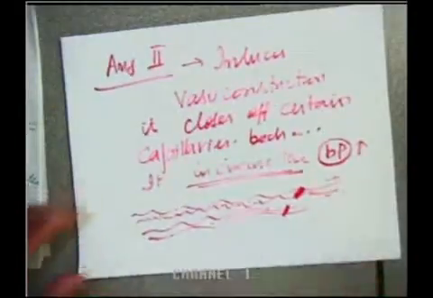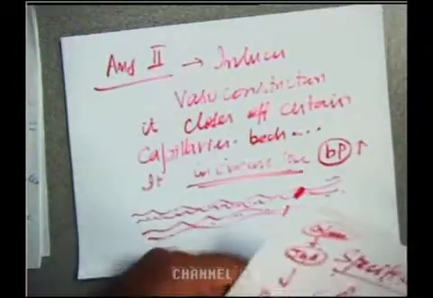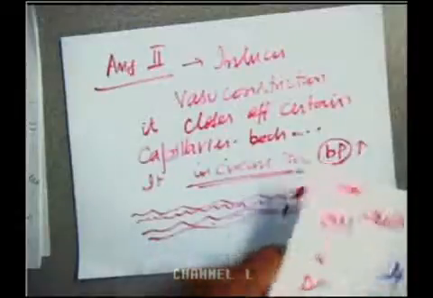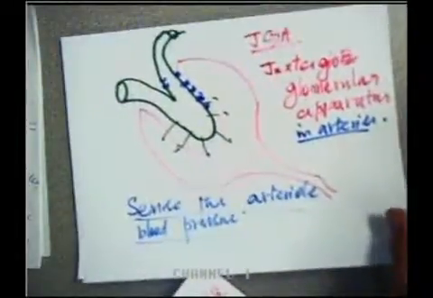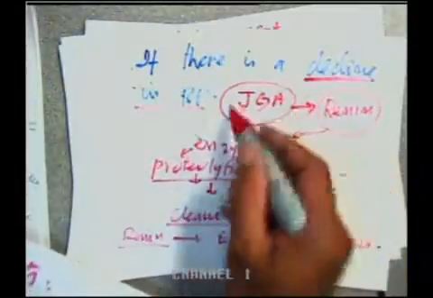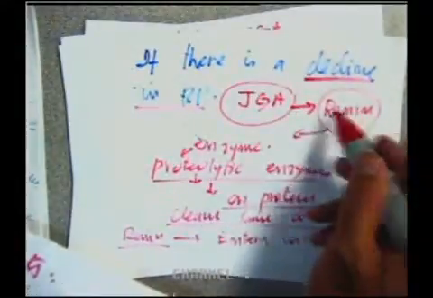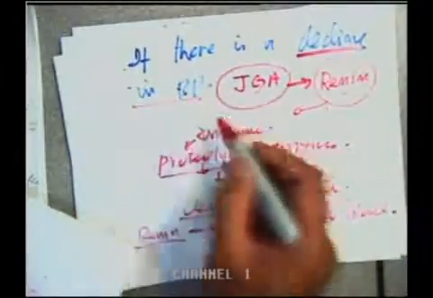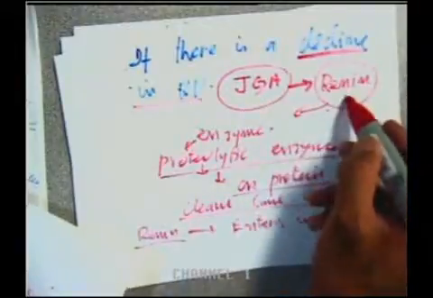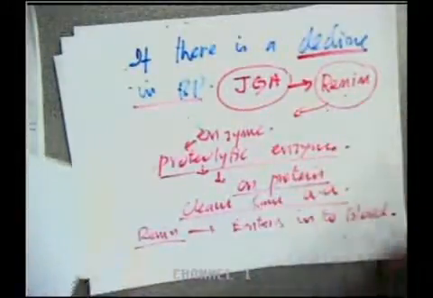Okay. So it all starts with where? It all starts with this one. Here, the JGA senses the arterial blood pressure if there is a decline. So the JGA releases renin to restore the lost blood pressure, and the renin pathway leads to angiotensin 2.